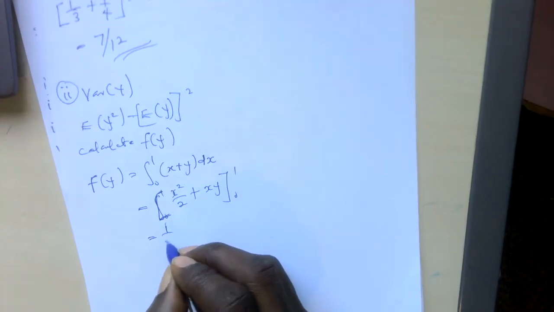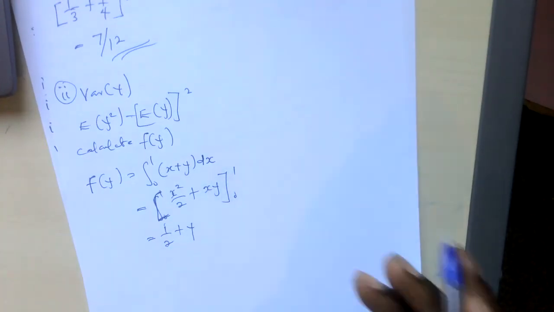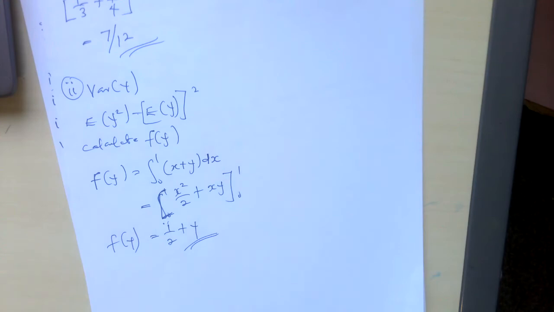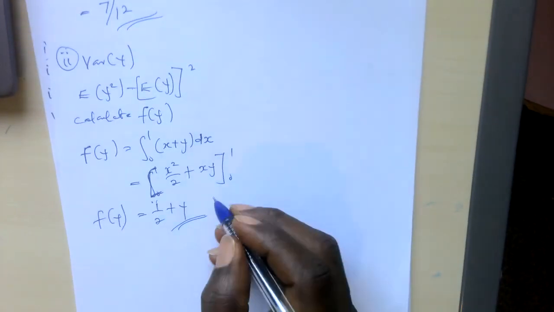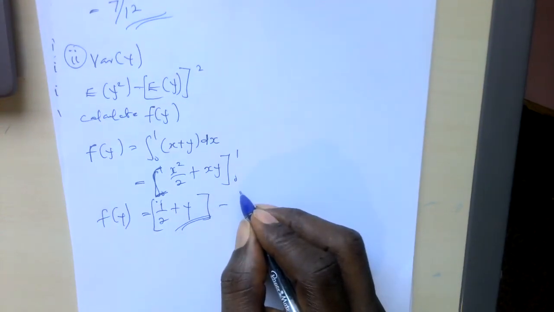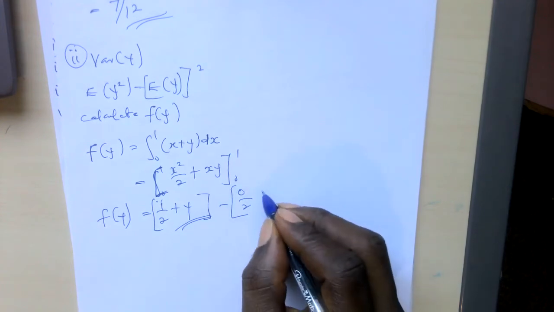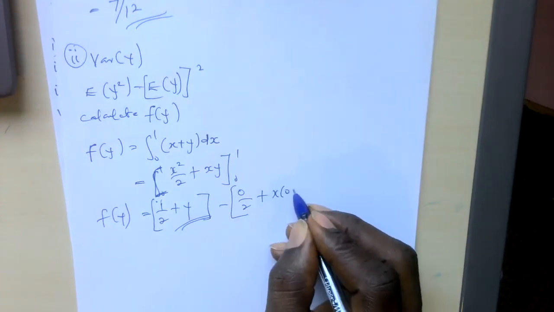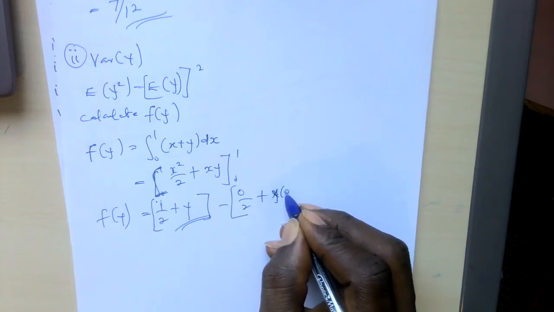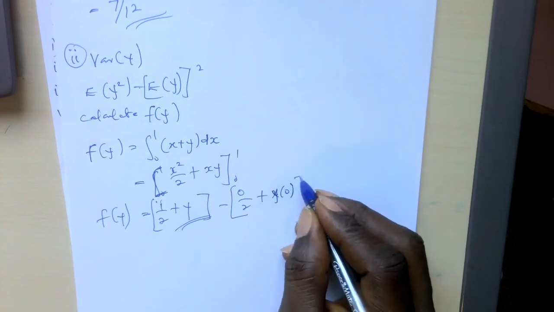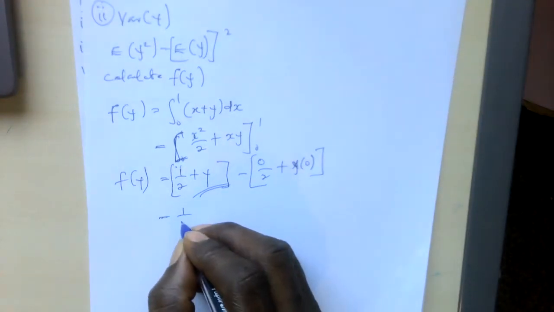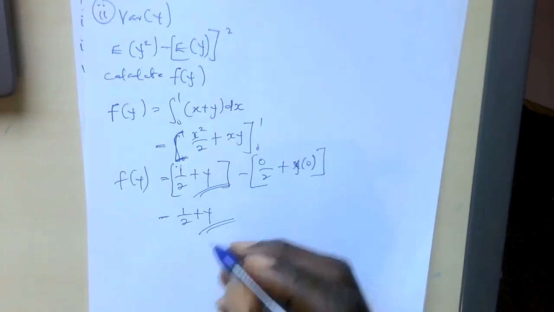You have 1 over 2 plus y, because putting 0 gives minus 0. Of course, you know that this is actually 0 over 2 plus y times 0. So all this is 0. That's why I didn't include it. So what we have is 1 over 2 plus y. So that's the PDF of y.